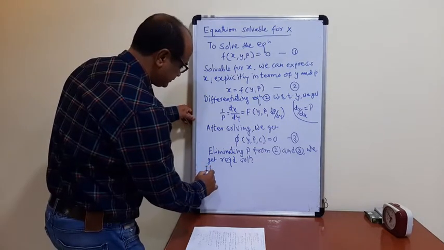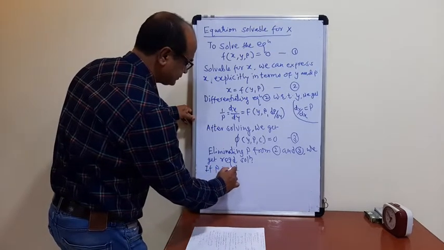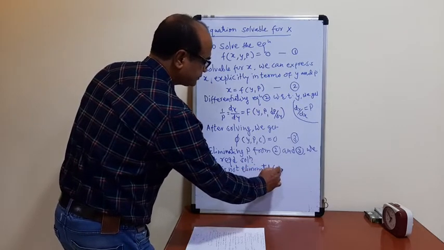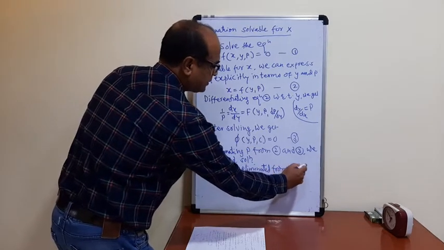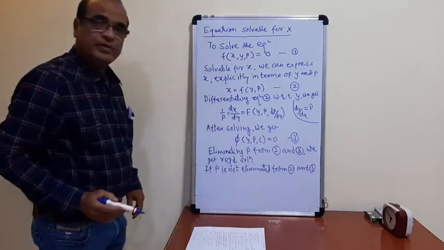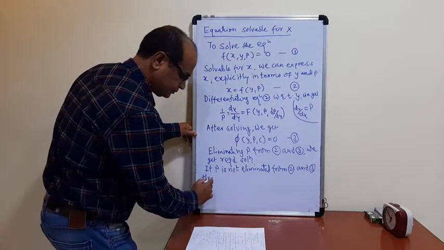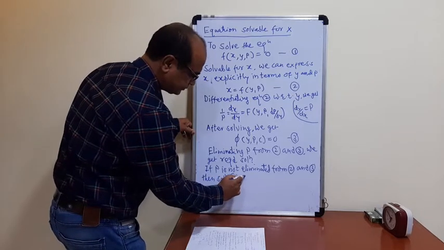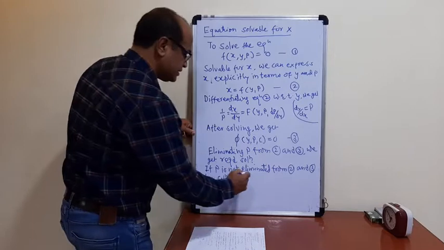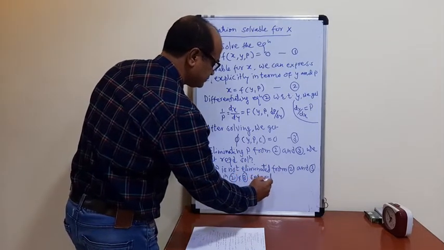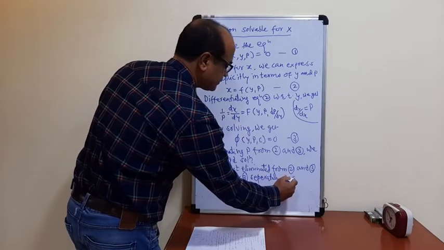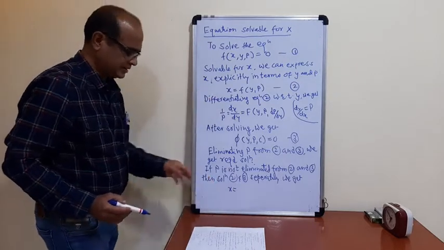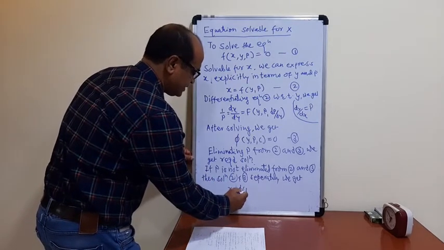If p is not eliminated from 2 and 3, then solving equation 2 and 3 separately, we get, so that is x is equal to, so we solve this, we get this phi 1 (p, c).